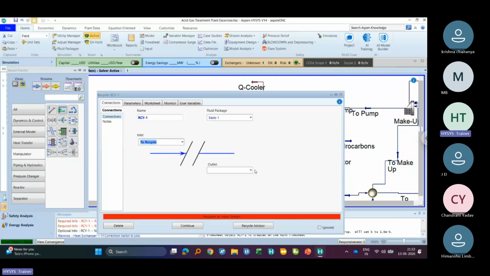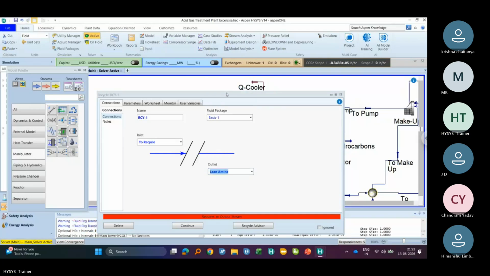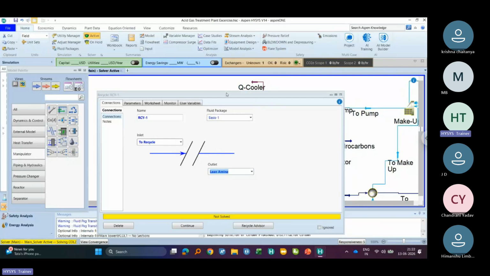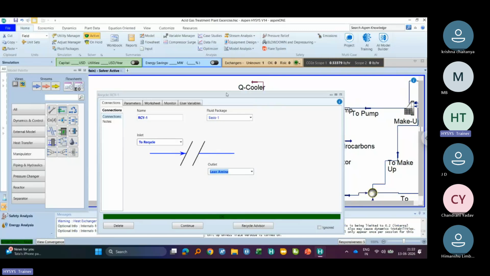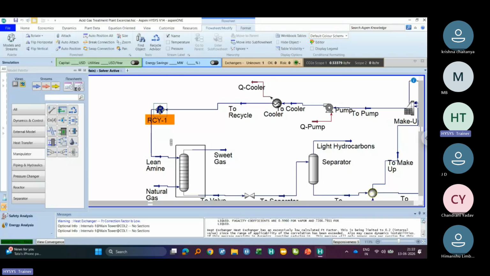And the outlet will be our lean amine stream. As soon as I give this outlet, it will be going on a not solved mode. It will take some time to solve because it has to calculate different values for this. That's why you will see that it will take some time to solve.